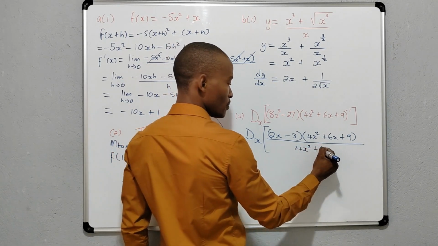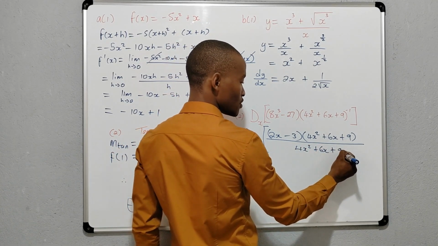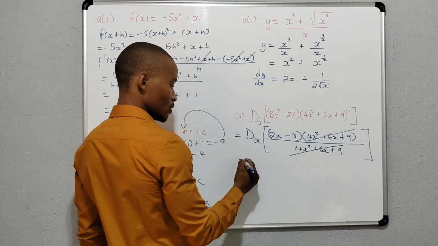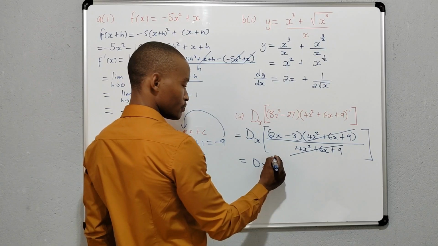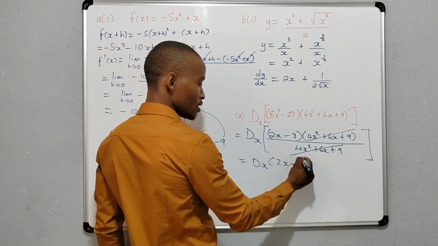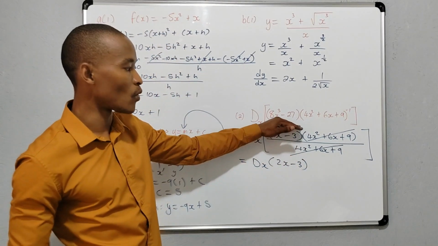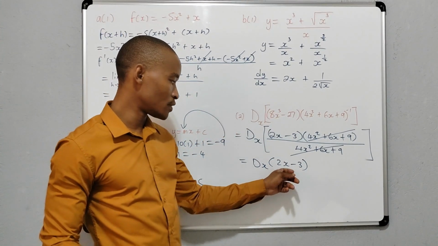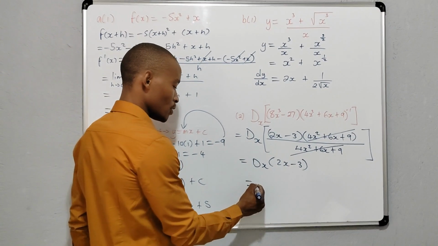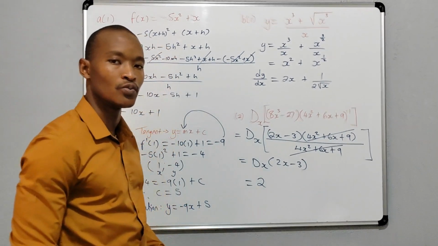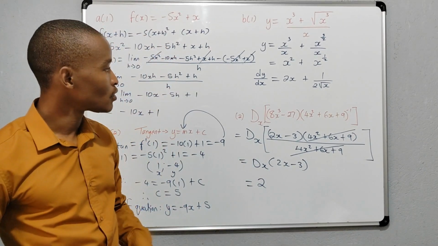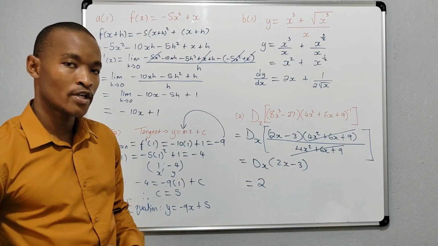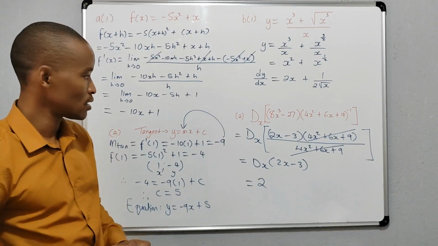For x squared plus 6x plus 9. So can we see this cancellation happening? Yes. Okay, so what is left? We are actually differentiating a linear function from what seemed to be complex, right? So the derivative of this linear function is equal to what? It's a simple 2.